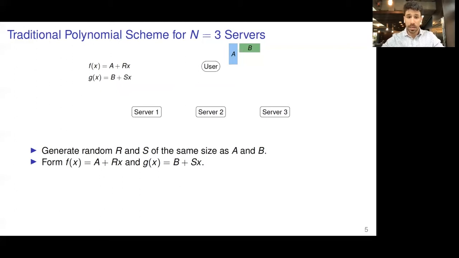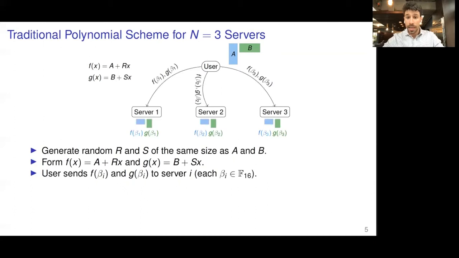In the next step, the user evaluates F and G at beta 1 and sends the evaluations to server 1. Then the user evaluates those functions at beta 2 and sends them to server 2, and similarly for server 3.